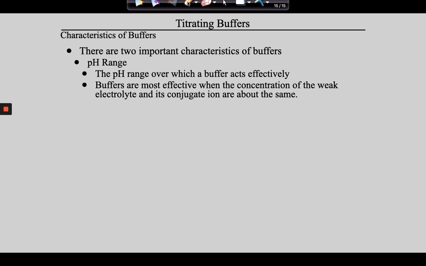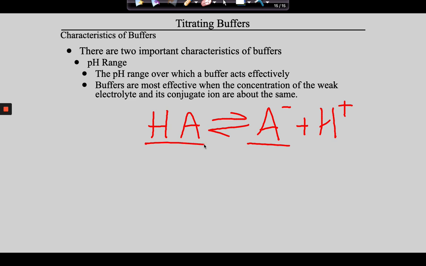So the idea here is that when we're building buffers, better built buffers have as close to equal concentrations as they can. So what that means is coming back to our previous example, if we have HA and A- in protons, better buffers have approximately equal concentrations of our buffered pair.